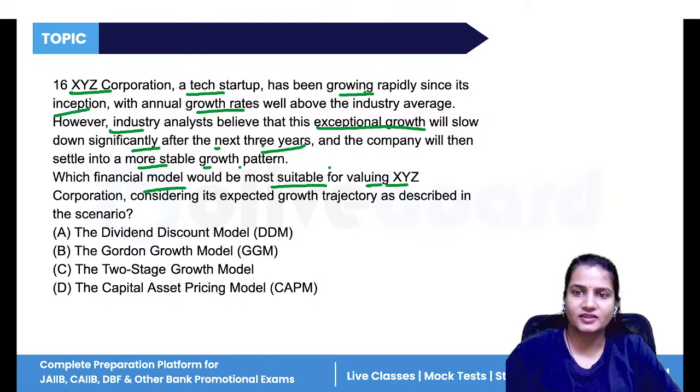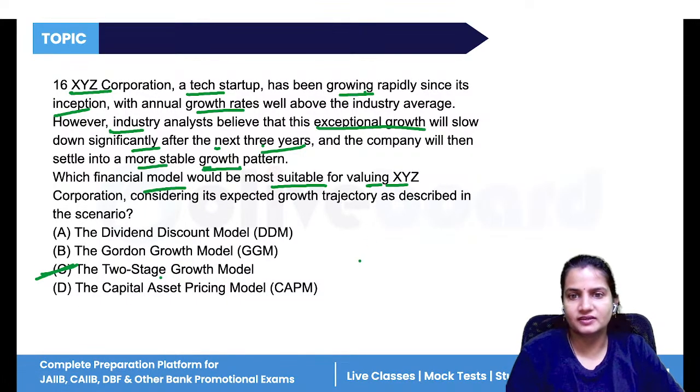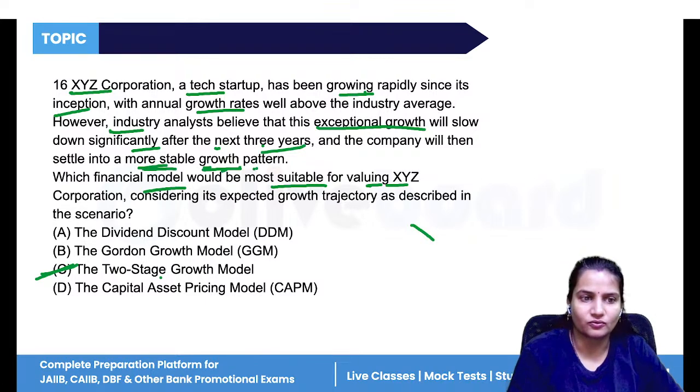When there is exceptional growth and then the company slows down significantly in the next 3 years, till it reaches a stable growth pattern, that is the two-stage growth model. First exceptional growth, then the company slows down and gets a more stable growth pattern.